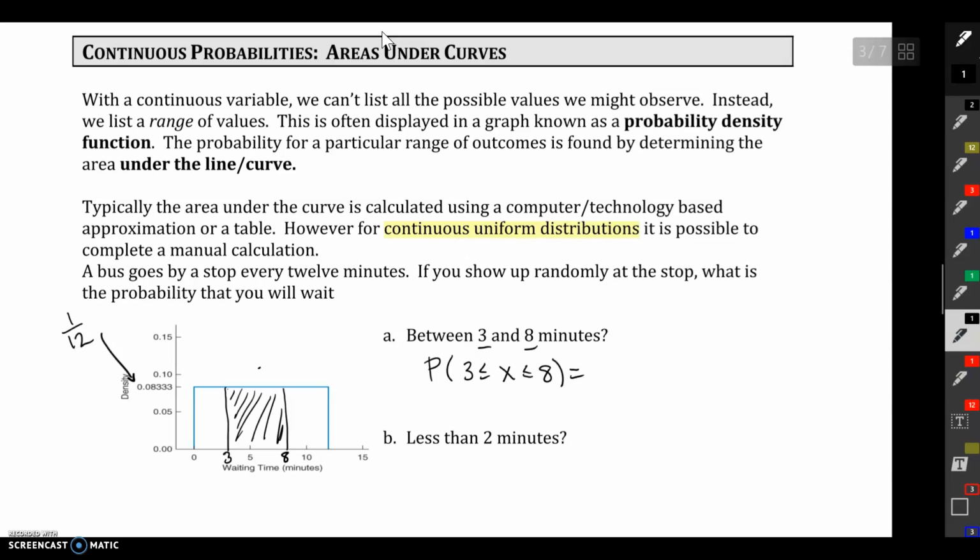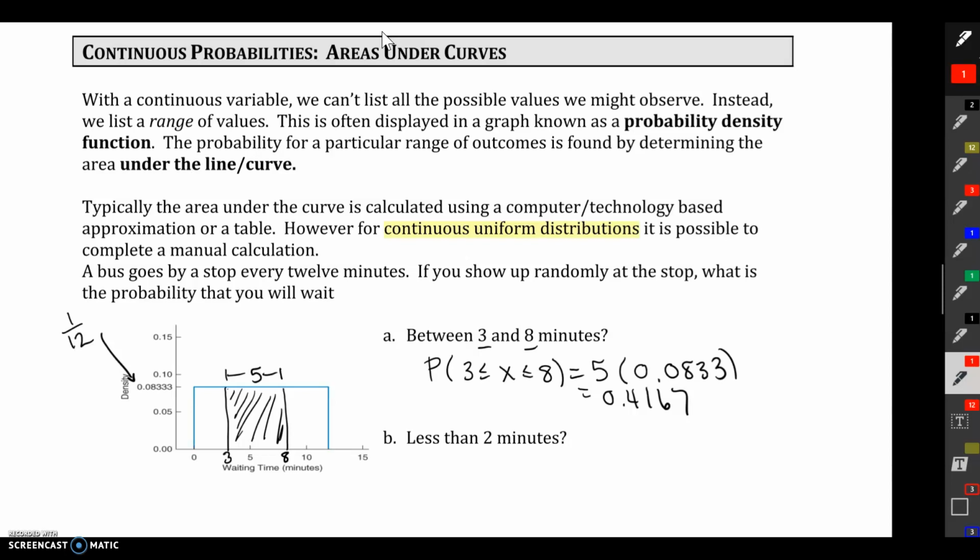That particular rectangle has a width of 5 and a height of 0.0833. 5 times 0.0833 comes out to 0.4167. So my probability of waiting between 3 and 8 minutes is about a 41.67% chance.